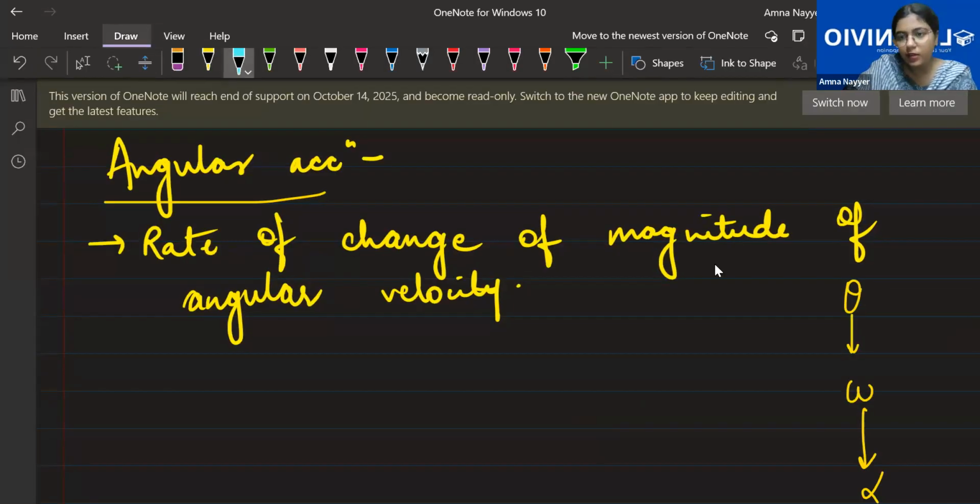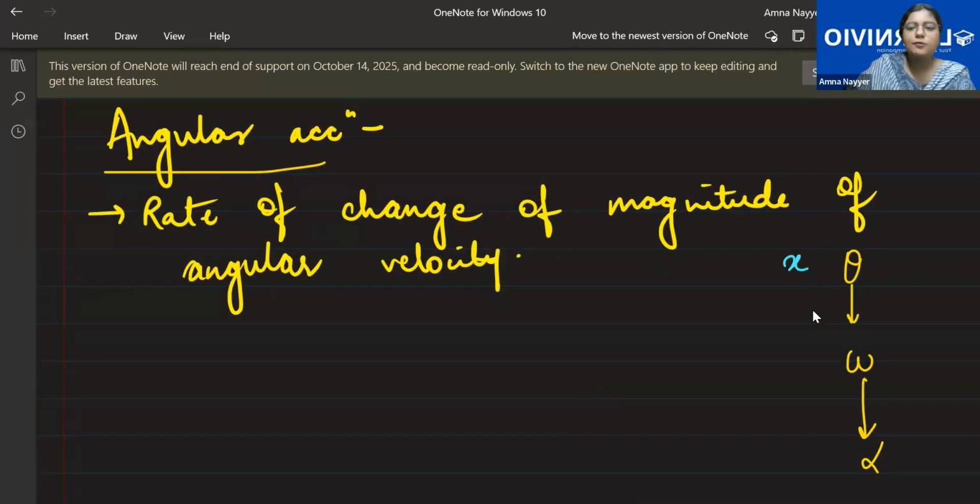You have displacement; when displacement varies with time, we get linear velocity; when linear velocity varies with time, we get acceleration. So just their analogs are there. Linear displacement becomes angular displacement, linear velocity becomes angular velocity, and linear acceleration becomes angular acceleration.